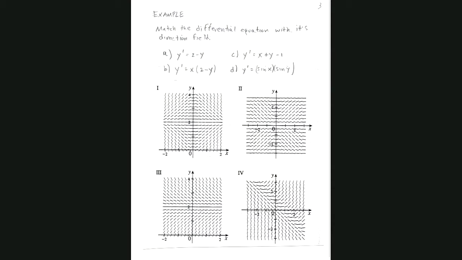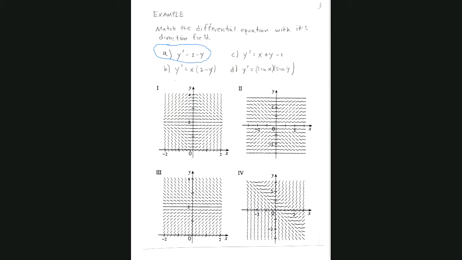The first differential equation is y prime equals 2 minus y. Now I don't want to plot 10 different coordinates and compute the slope for each of those coordinates and draw 10 tangent lines with the corresponding slopes. I don't want to do that if I don't have to.